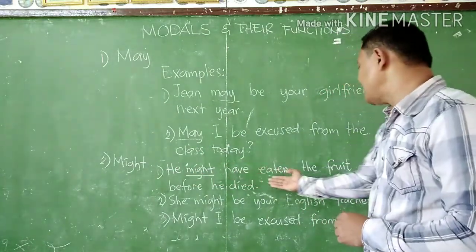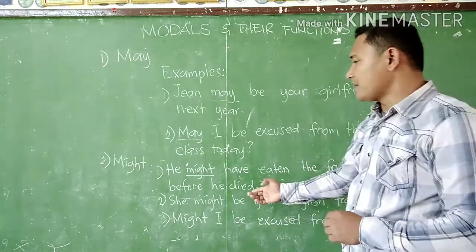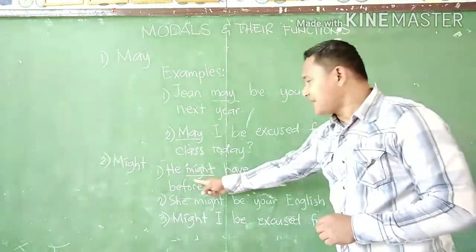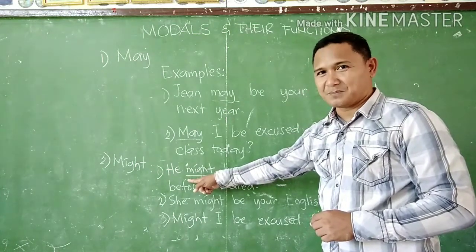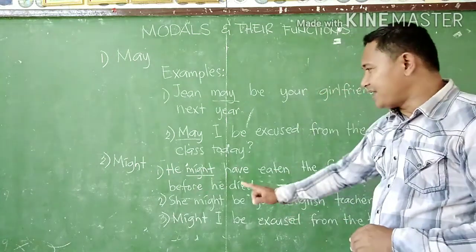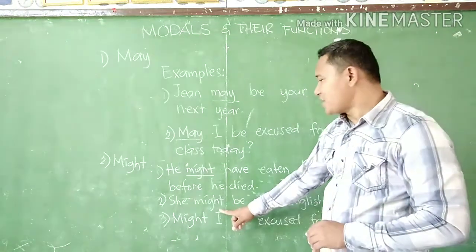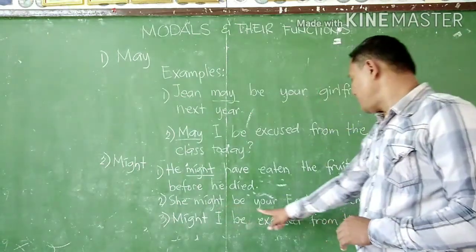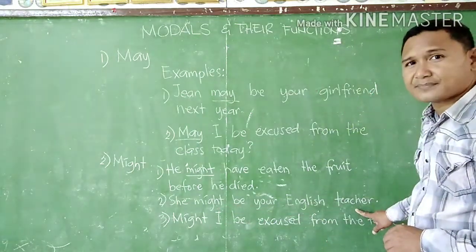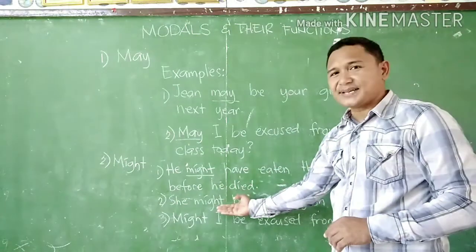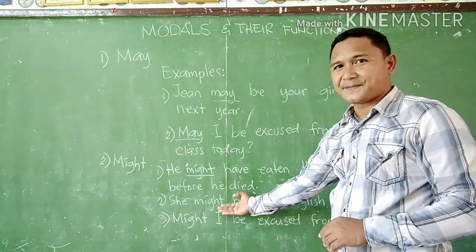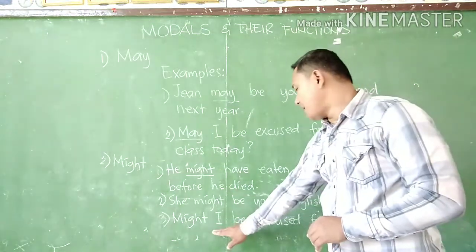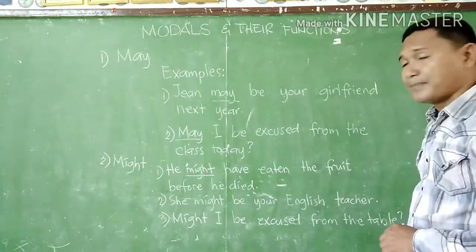So obviously, might here is in the past form. But in the next sentence, we have she might be your English teacher. Again, it expresses possibility in the future. And the third one, might I be excused from the table?